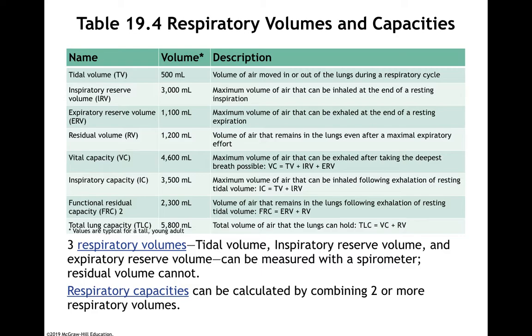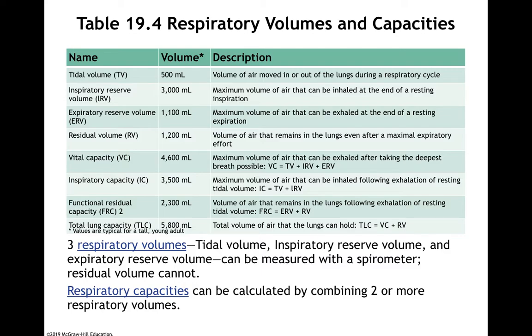I won't go to the description, but the tidal volume is the volume of air that's moved in and out during the respiratory cycle. The inspiratory reserve is the maximum volume of air you can inhale. Expiratory reserve is the maximum volume you can exhale. Residual volume is air that remains in the lungs no matter what you do. It's never emptied. The vital capacity is the air that can be used.